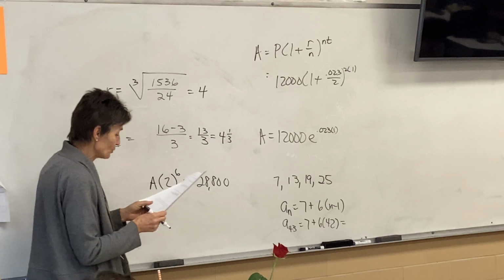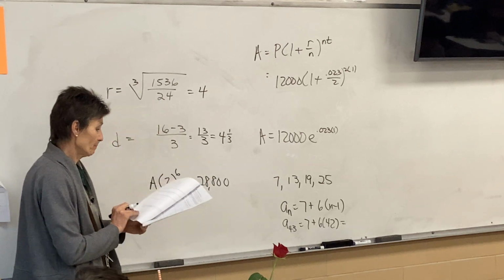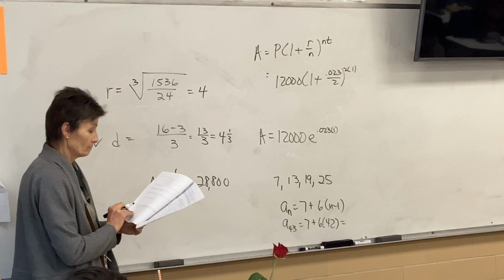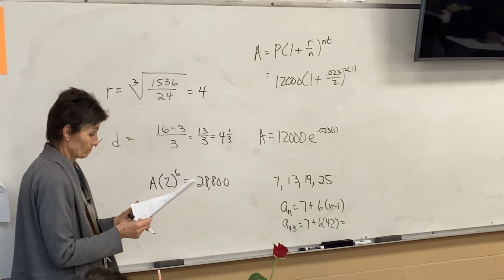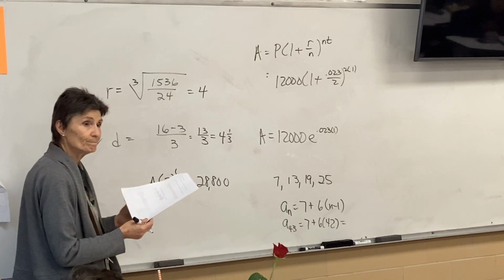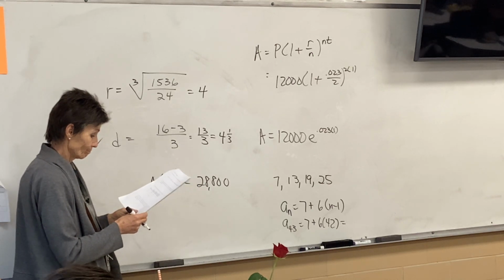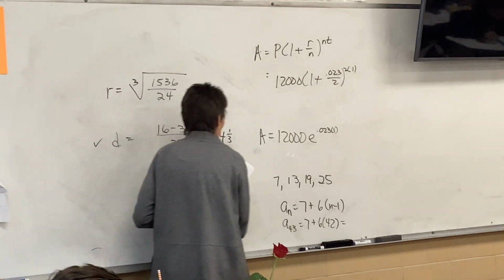All right, what did you do for K? Letter K, I mean. Drew? I first started by finding how much the rate of change is changing. So, how did you do that?